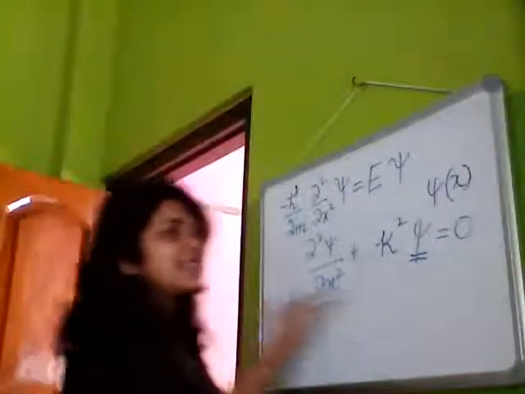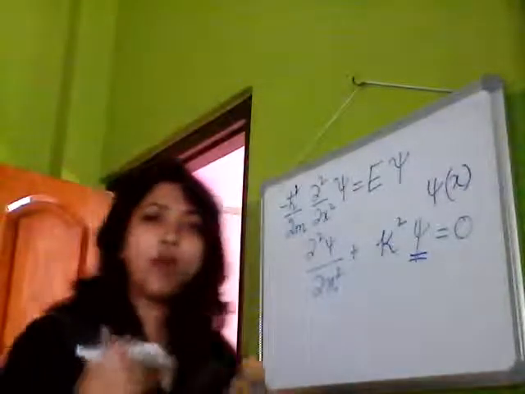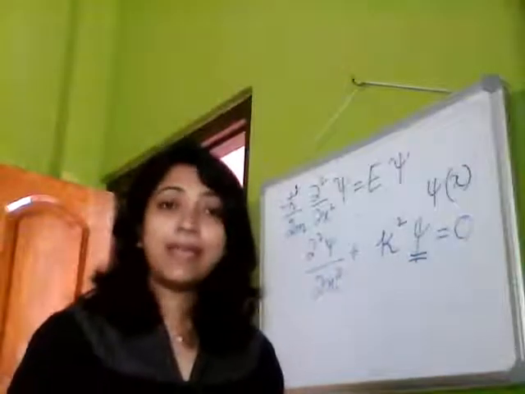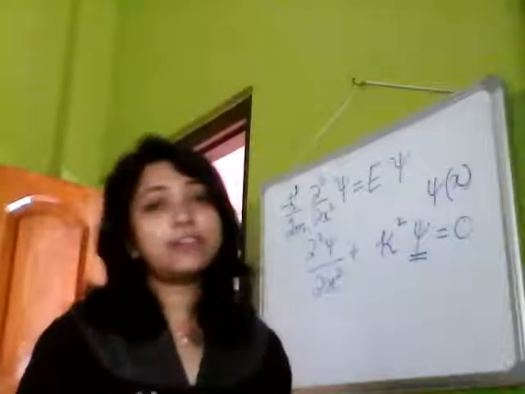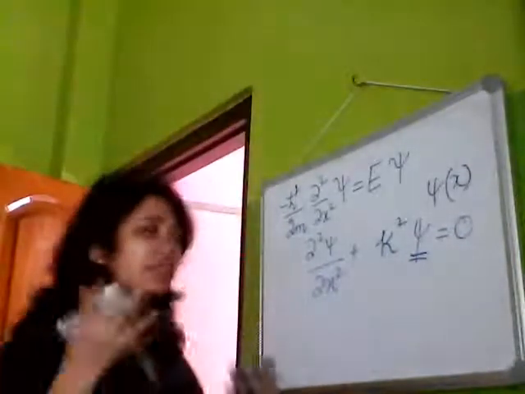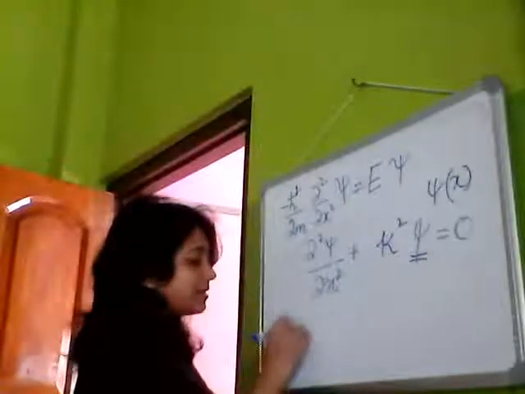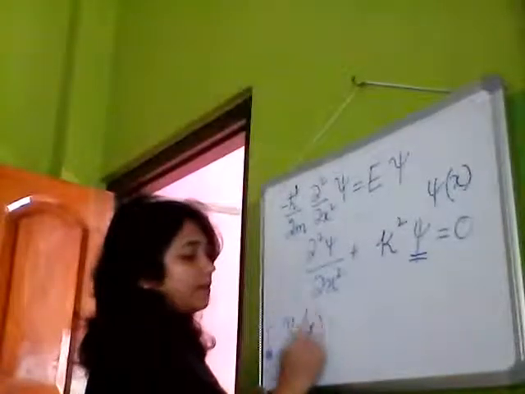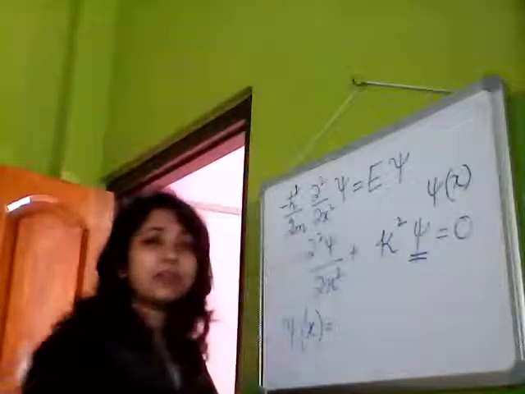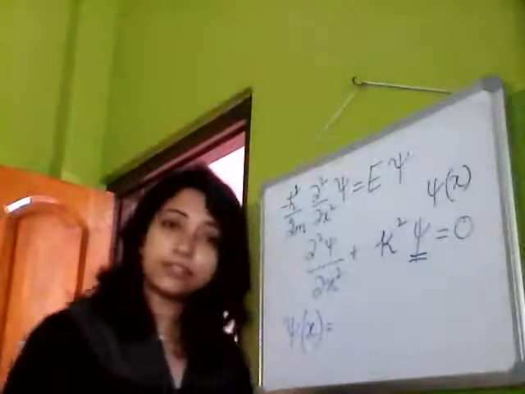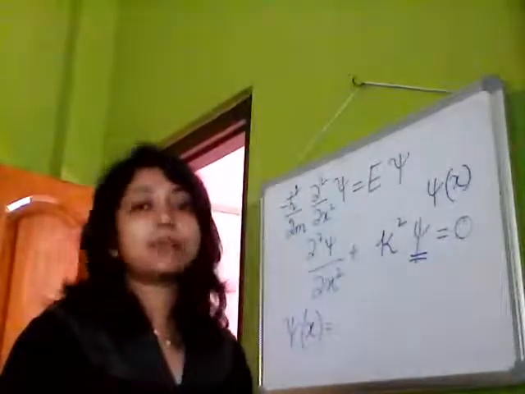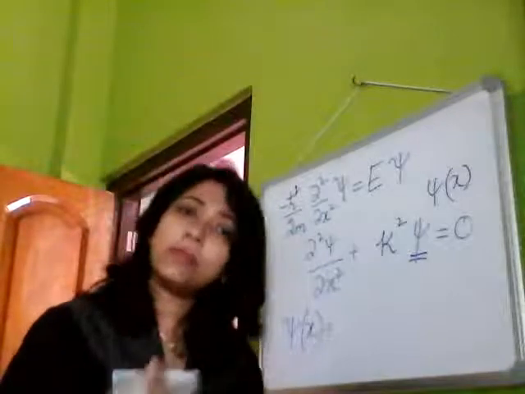And this is a very common differential equation, and the general solution of this kind of equation can be written as follows. This solution can be a sine function, it can be a cos function, or it can be a combination of sine and cos.